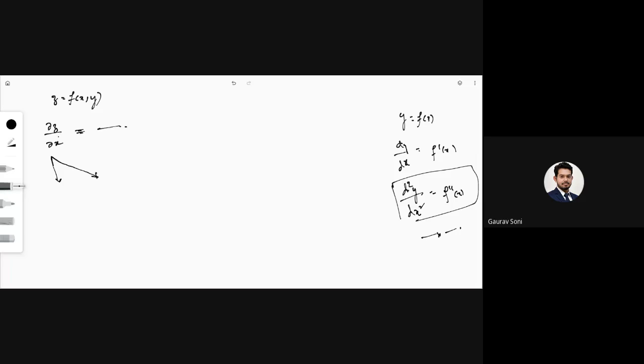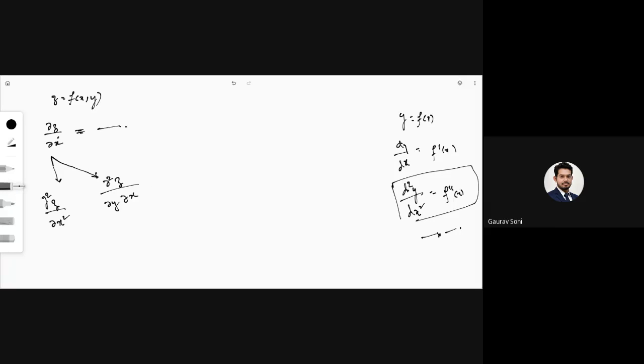So now I can differentiate this with respect to x, so I will have del 2z by del x square, or I can differentiate this with respect to y. How many of you are getting this?